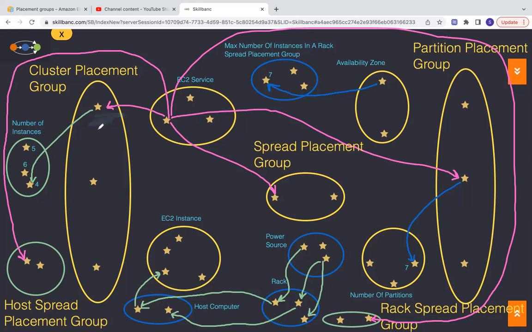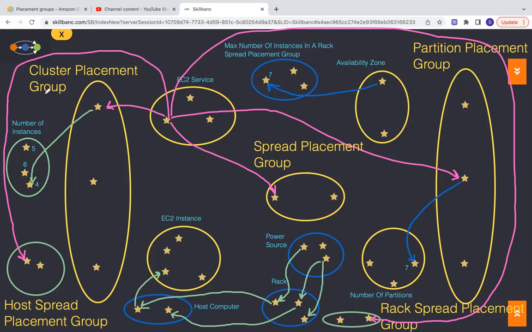The reason why you want to do cluster placement is because you want those instances to be close to one another so that you can communicate back and forth between those instances. So you want to put them logically clustered within an availability zone. Okay, so that is the concept.